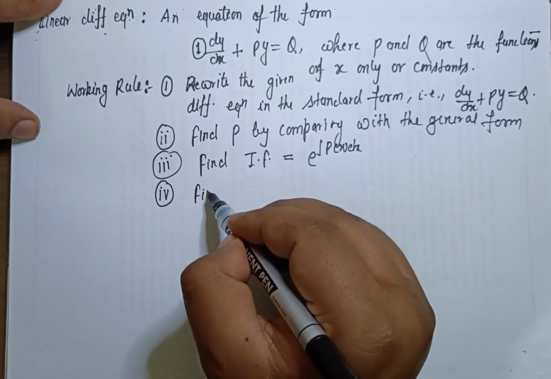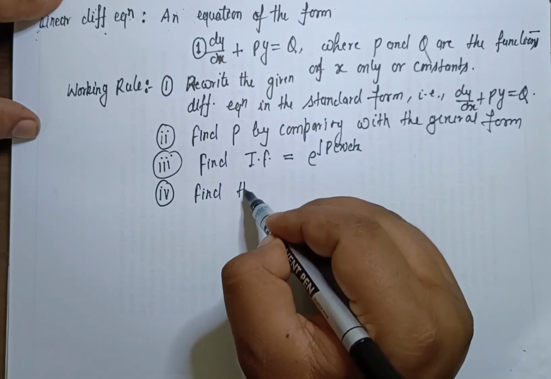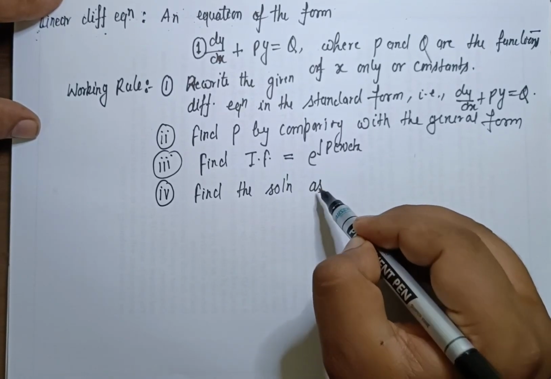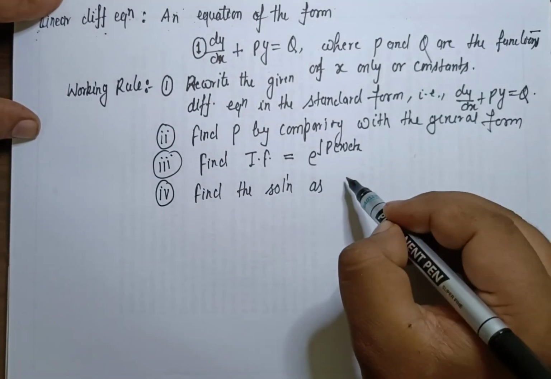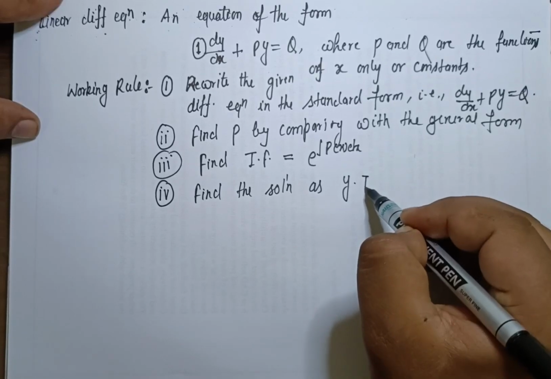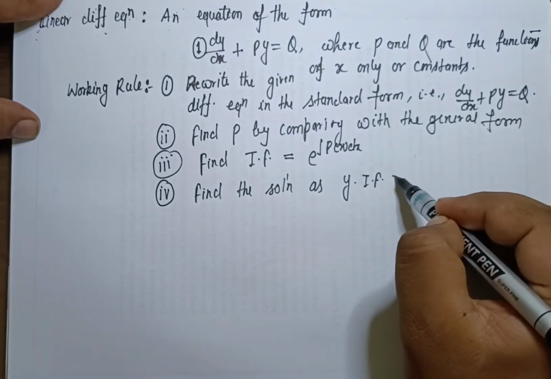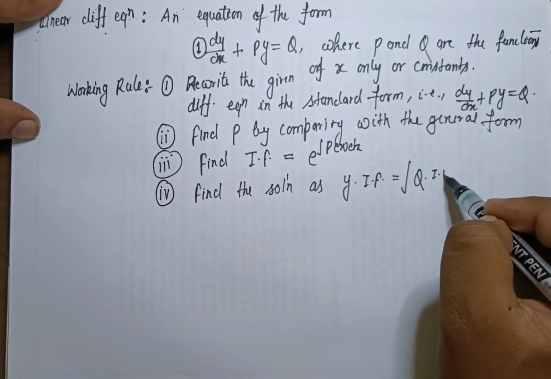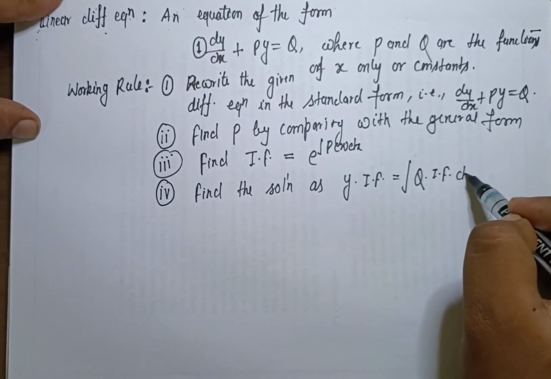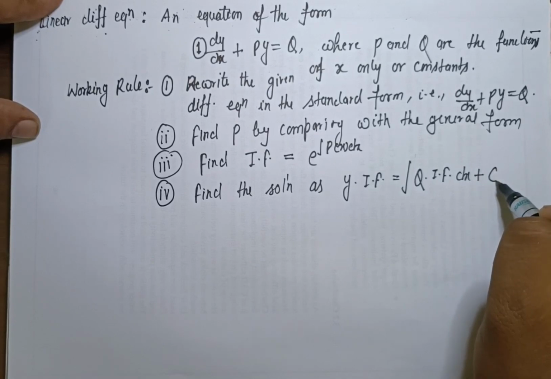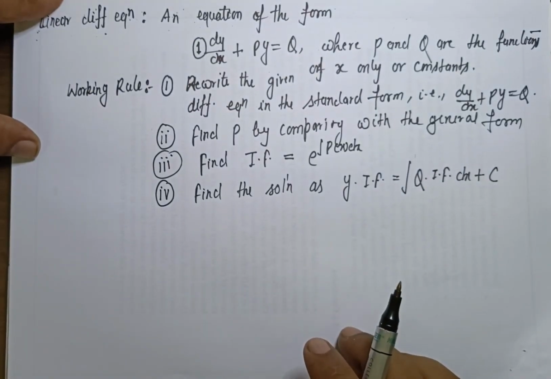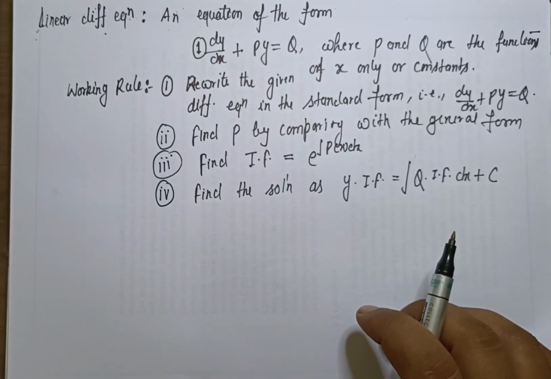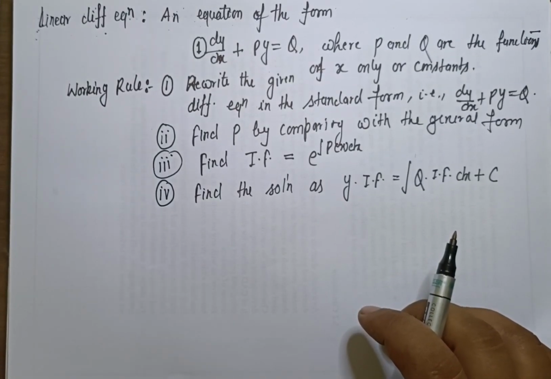The solution means y into integrating factor equals the integration of q into integrating factor dx, plus c, the integrating constant. We have these 4 steps to find the solution of a linear differential equation.